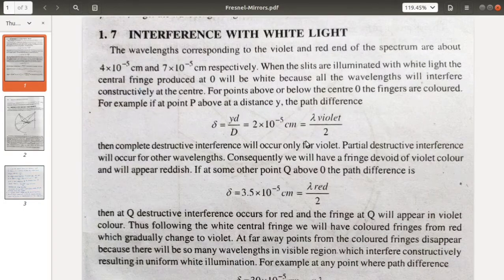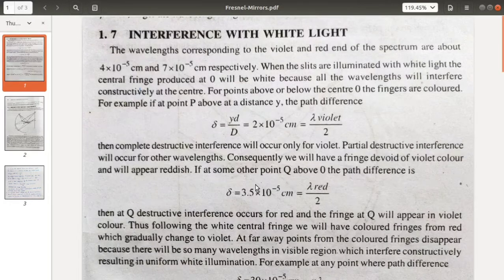Consequently, we will have a fringe devoid of violet color, and it will appear reddish.